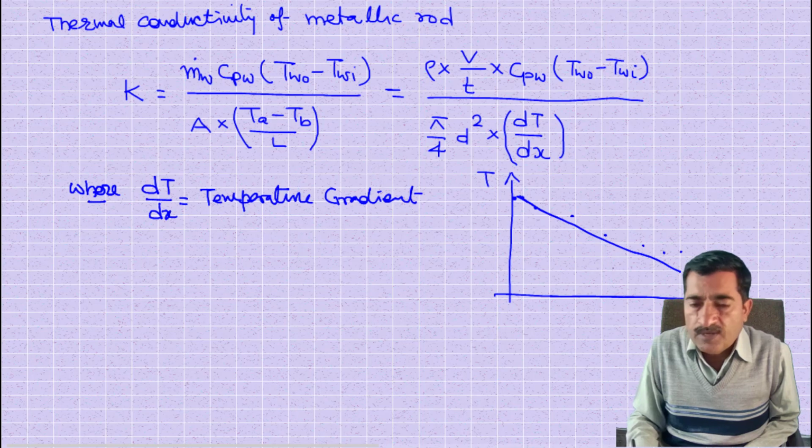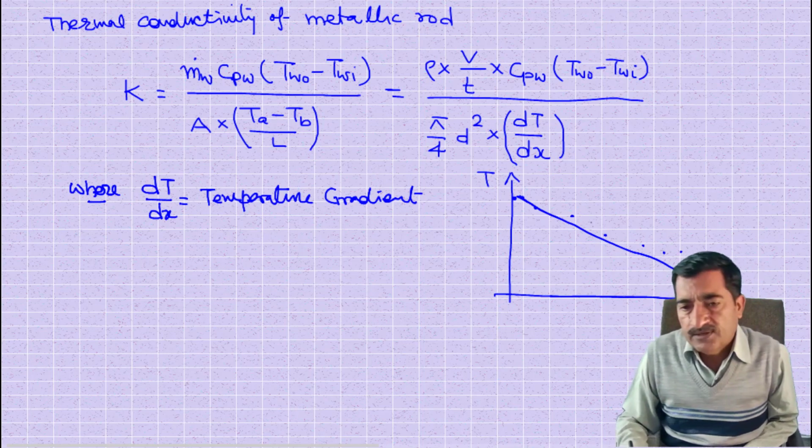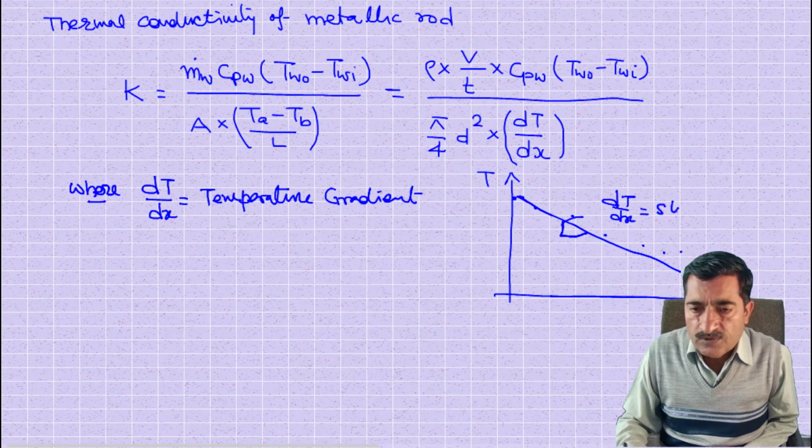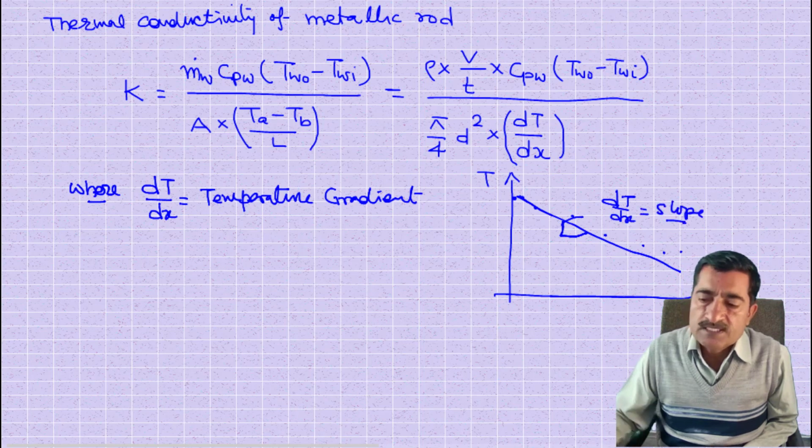So this is approximately a straight line, and the slope of this line, dT by dx, means slope of this curve or this line, is called temperature gradient.